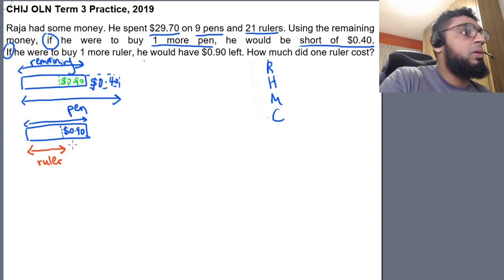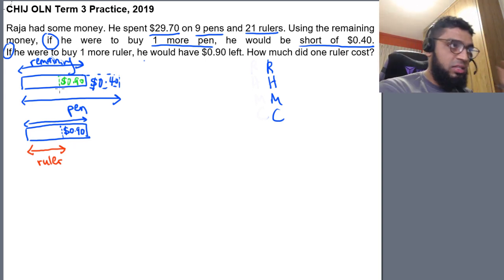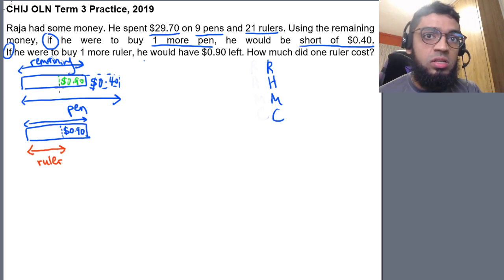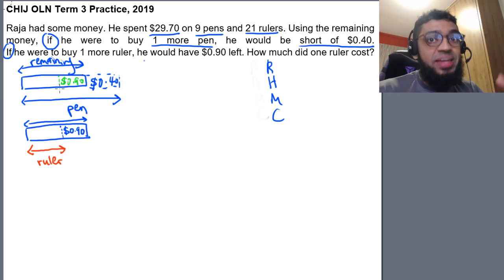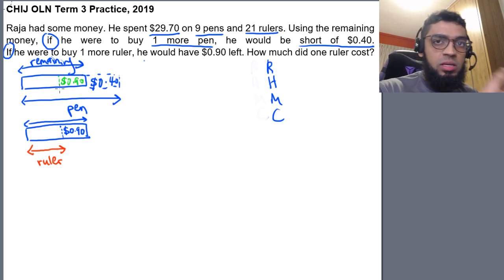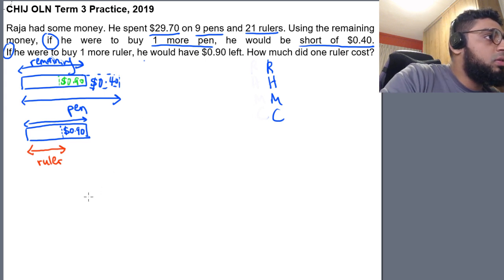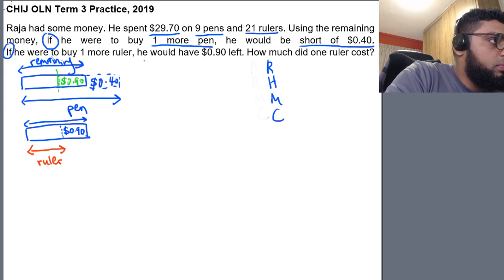But then, using the same remaining money, I need an additional 40 cents to get the pen instead. So the pen is more expensive by 90 plus 40 cents, which is $1.30. That is this green part right here.